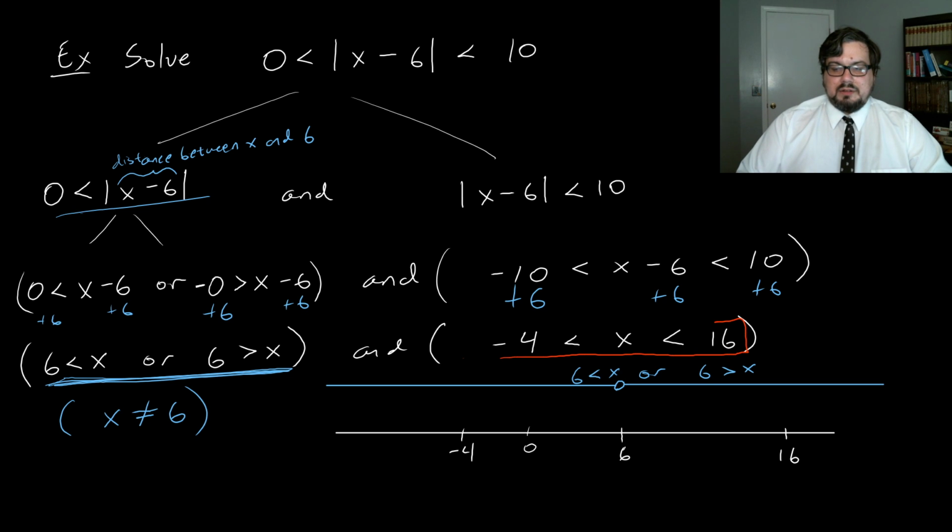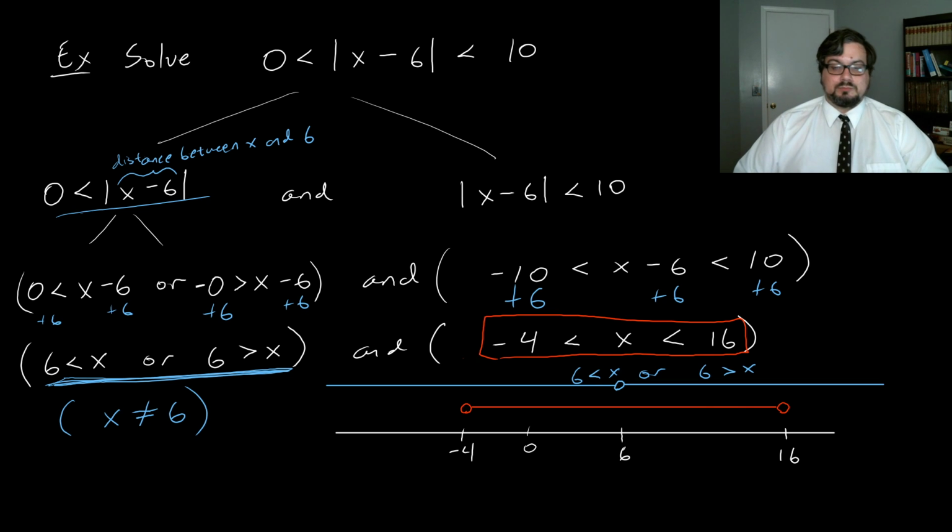Now let's use red for the other inequality, and this one's a compound inequality. It says that x has to be greater than -4 and less than 16. And we can sketch that out this way. So the blue set has all the points in the real number line that satisfy the first inequality, the left inequality in the original compound inequality.